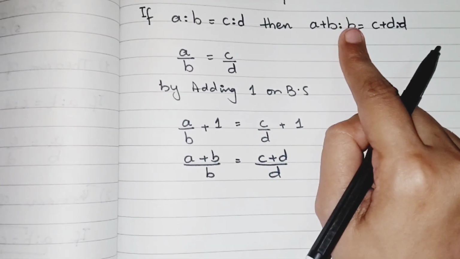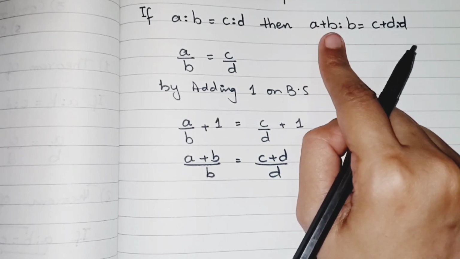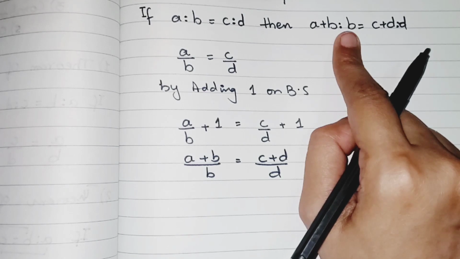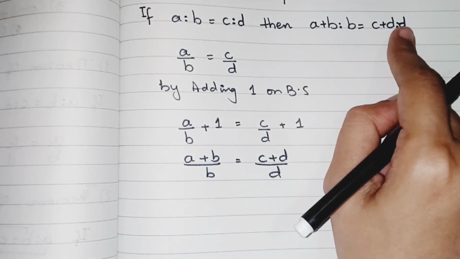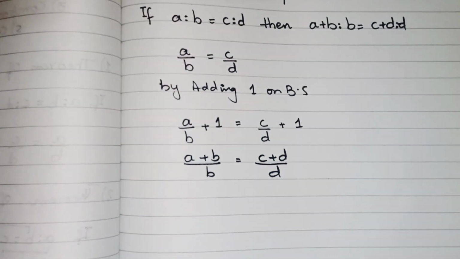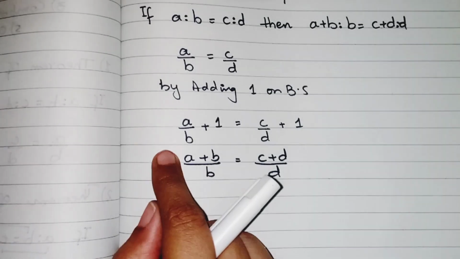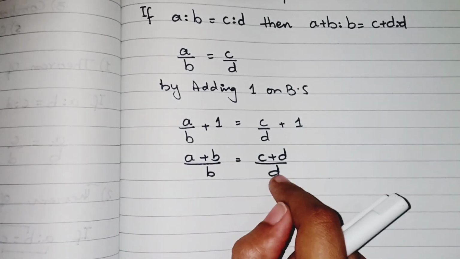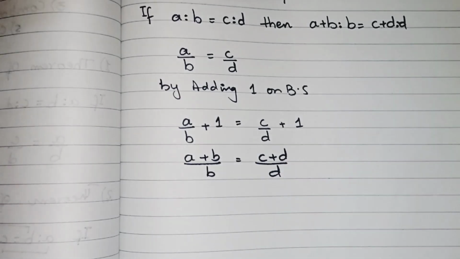According to the statement of the theorem of componendo, we have A plus B upon B is equal to C plus D ratio D. So this is the theorem of componendo, or we can apply the theorem of invertendo to invert it, so that the numerator becomes the denominator and the denominator becomes the numerator. This is the easiest and most used theorem.